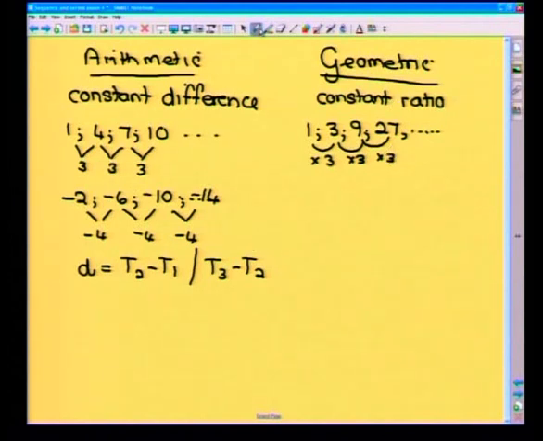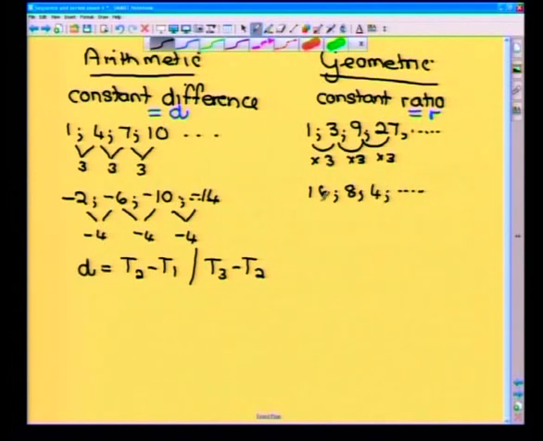And by the way, just to help things along, we assign the symbol D to this one, and we assign the symbol R to that one. Right, so what are we talking about? Let's do another one. Let's say I've got 16, 8, 4, etc. What's happening when I move from here to here? I'm actually multiplying by a half.